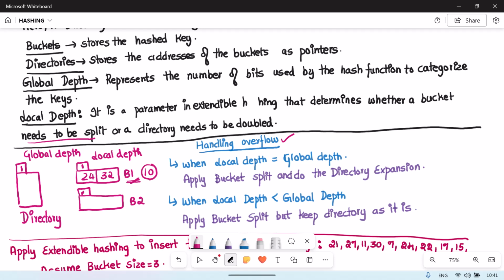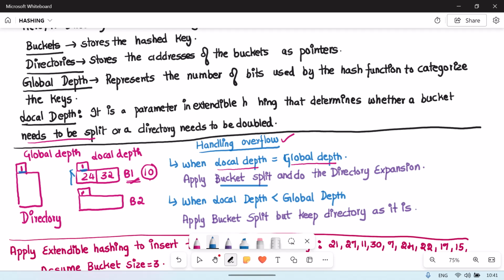So what to do? Then you will have to look at this condition. When the local depth is equal to global depth, what are you supposed to do? Apply the bucket split. You have to split this bucket. Split means you will have to make this bucket into 2. Now, bucket 1 will get divided into 2.